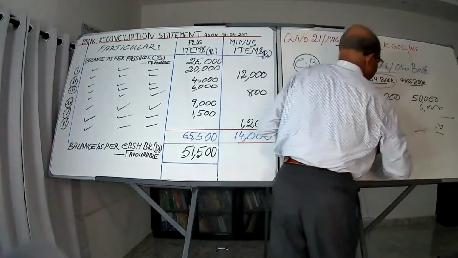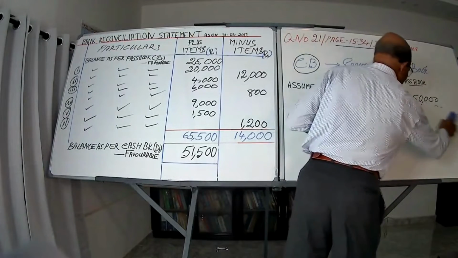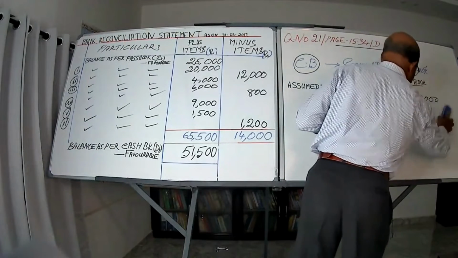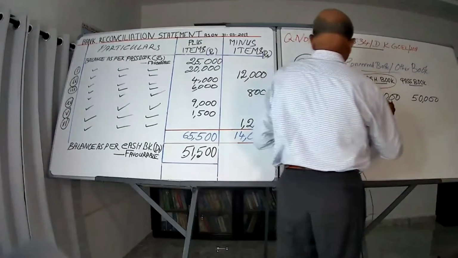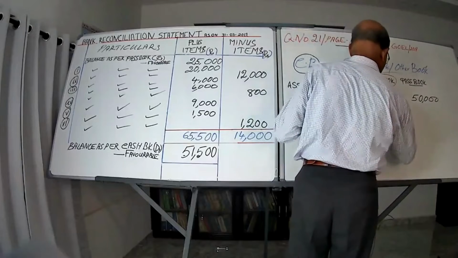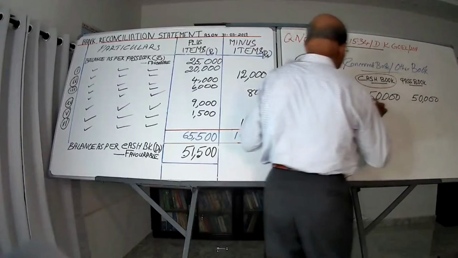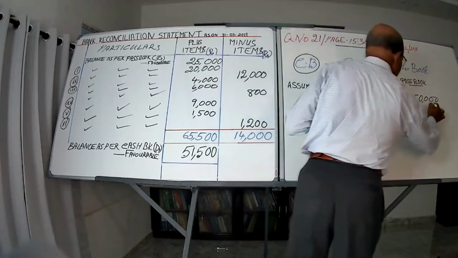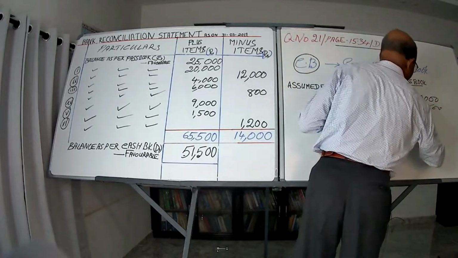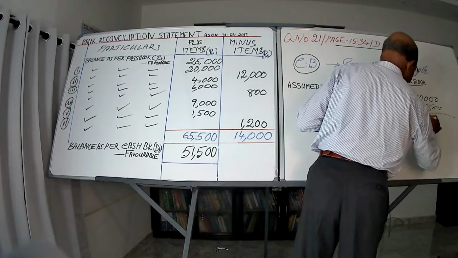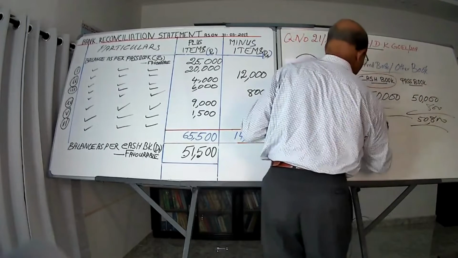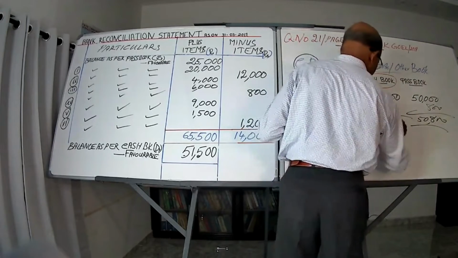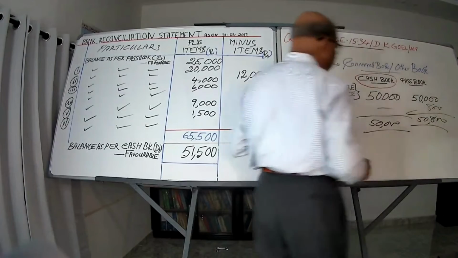Let's assume that, as usual, we had this 50,000, one and the same favorable balance in both the books. Now, what's the amount? 800. So bank has given a credit and increased my balance in the passbook, and I was not aware. So it's a decreasing effect.